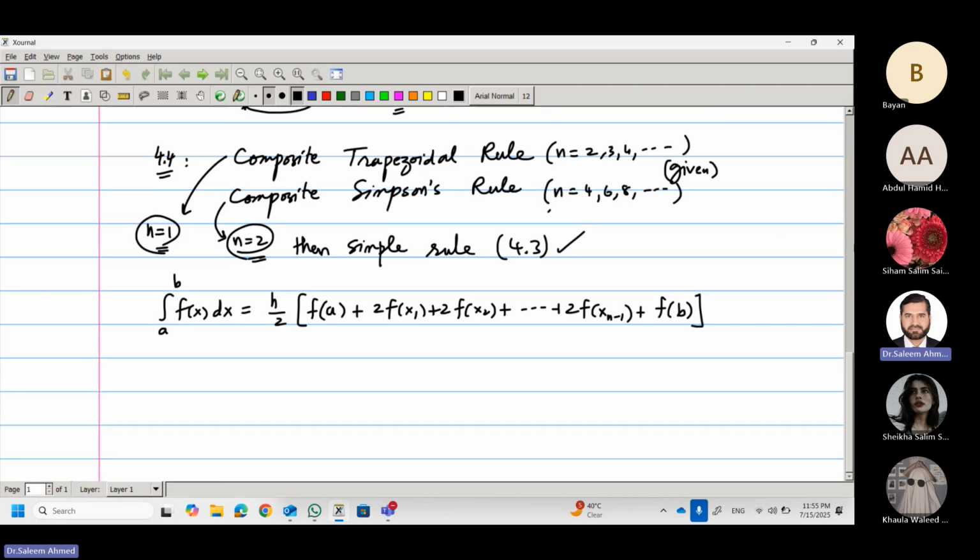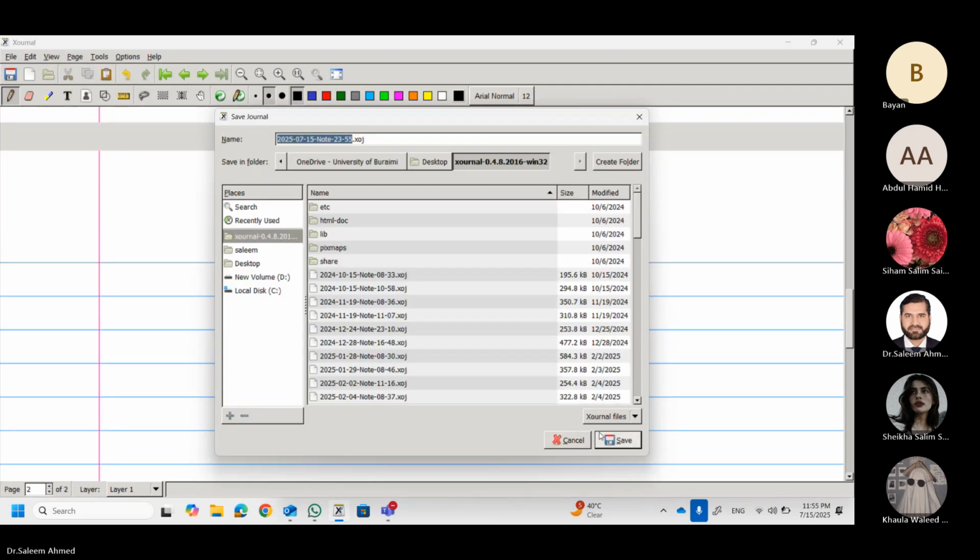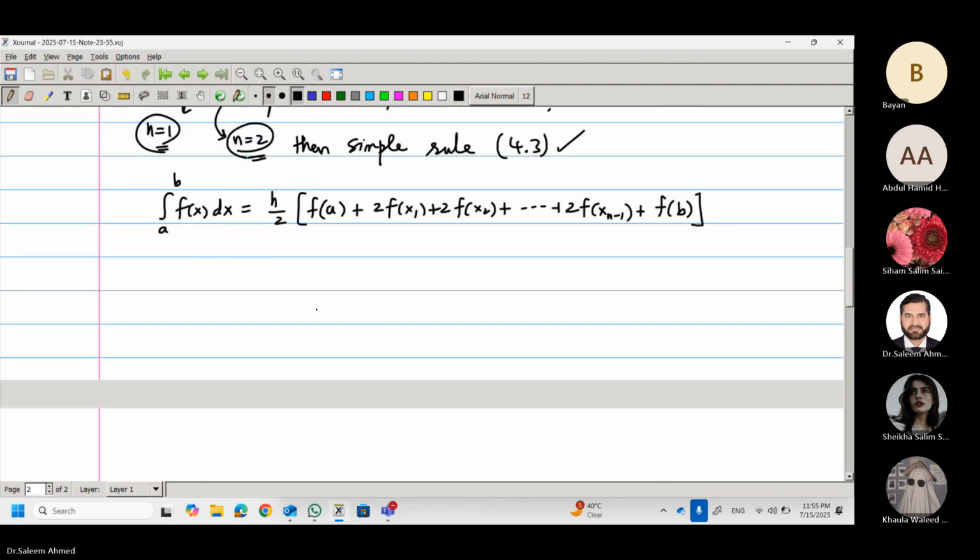So basically, whenever h is given to you, you see, h is (b minus a) by n, because n is given to you. So if you divide by that, you get h, right?